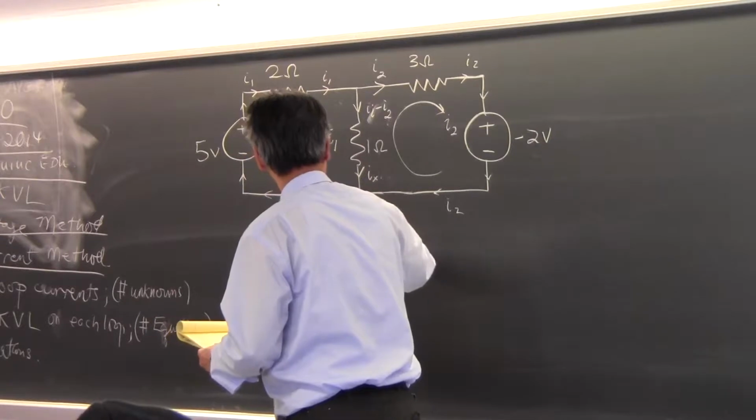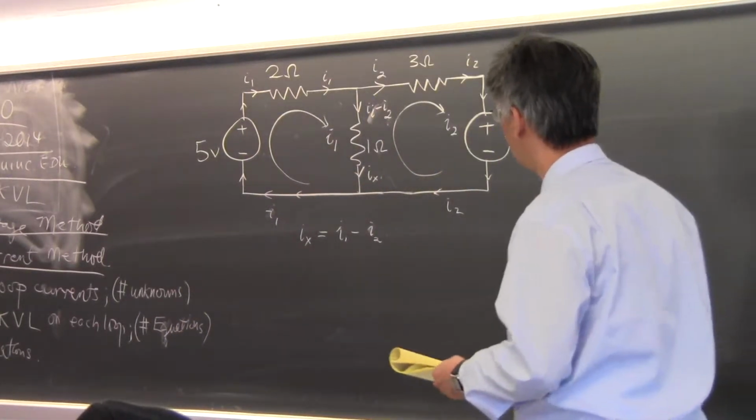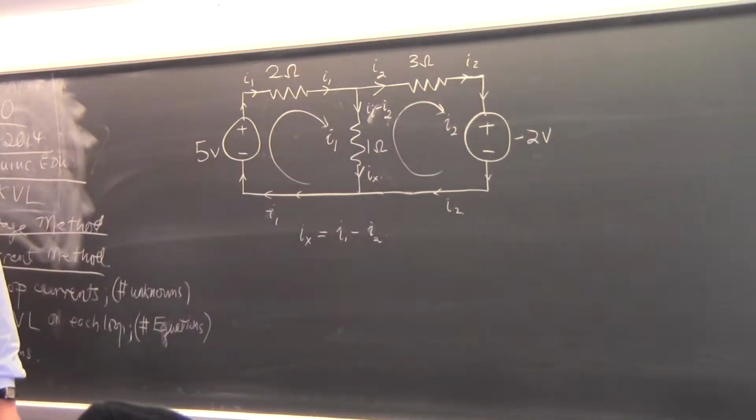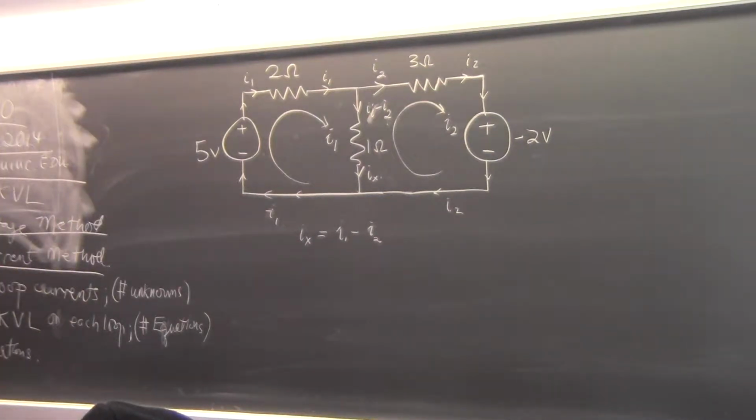Okay, that's what Ix is. Then you apply Kirchhoff voltage law. So Kirchhoff voltage law can be applied 2 ways actually. One way is applied on a loop, and when the Kirchhoff voltage law is summed over a loop, it should sum up to 0. Okay.